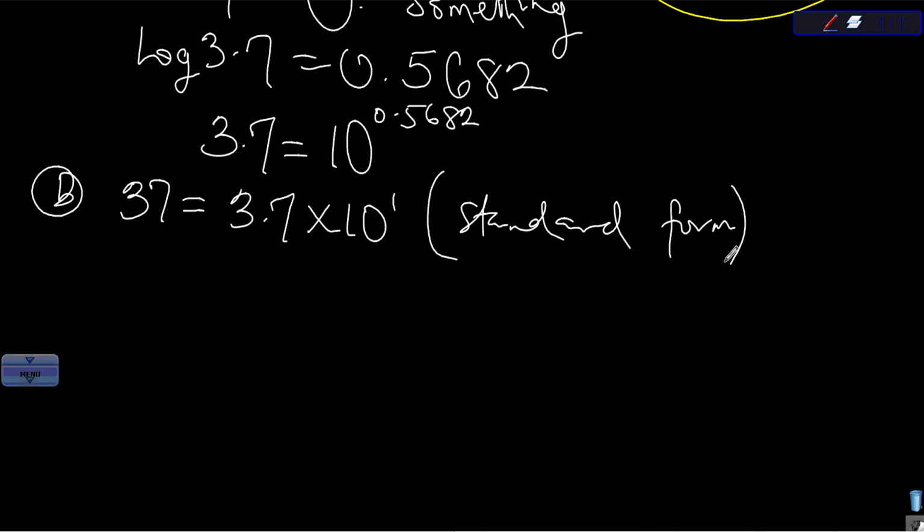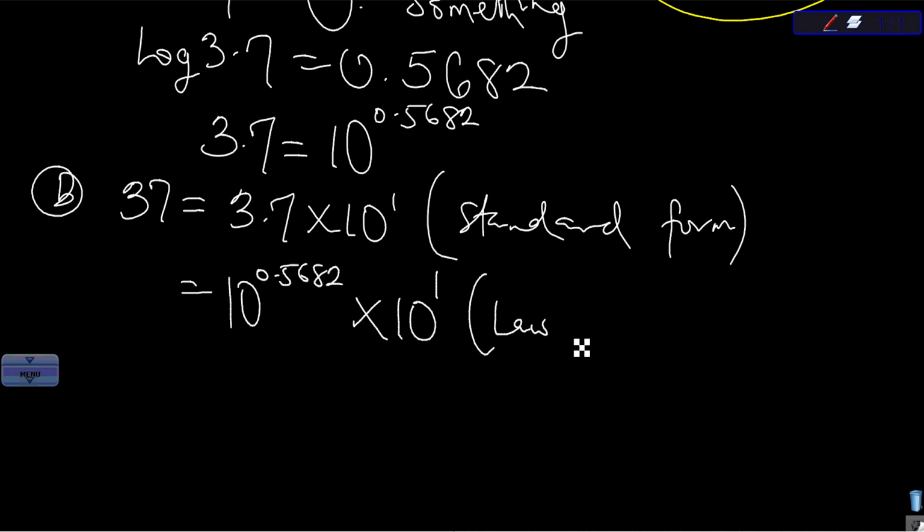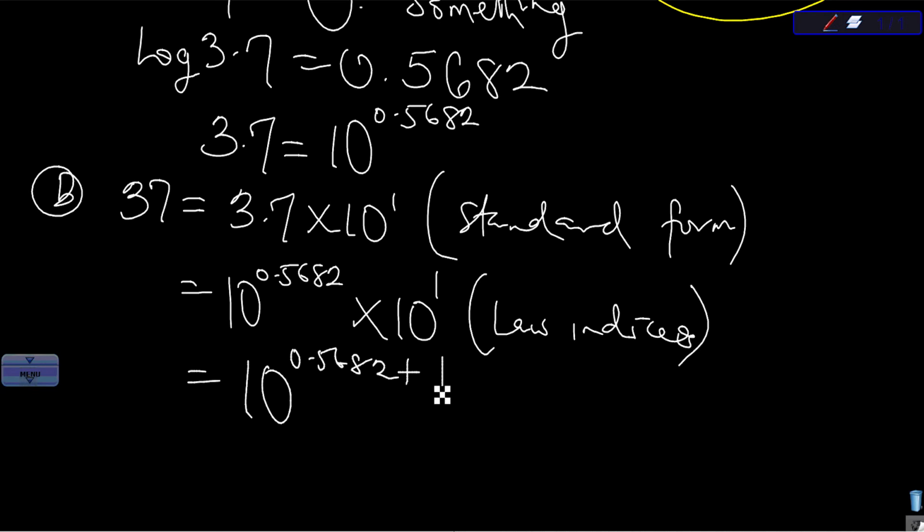And we know that 3.7 is the same thing as 10 raised to the power 0.5682, then times 10 raised to the power 1. Using the law of indices, this will change to 10 raised to the power 0.5682 plus 1, and you have 10 raised to the power 1.5682.